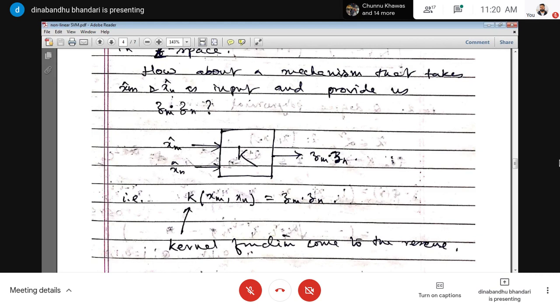Okay? Now, how does it work? Okay, Swarup, is it clear now? What I'm trying to say is that so far whatever we have seen, what we need is only the dot product, right? We do not need the exact point, right?